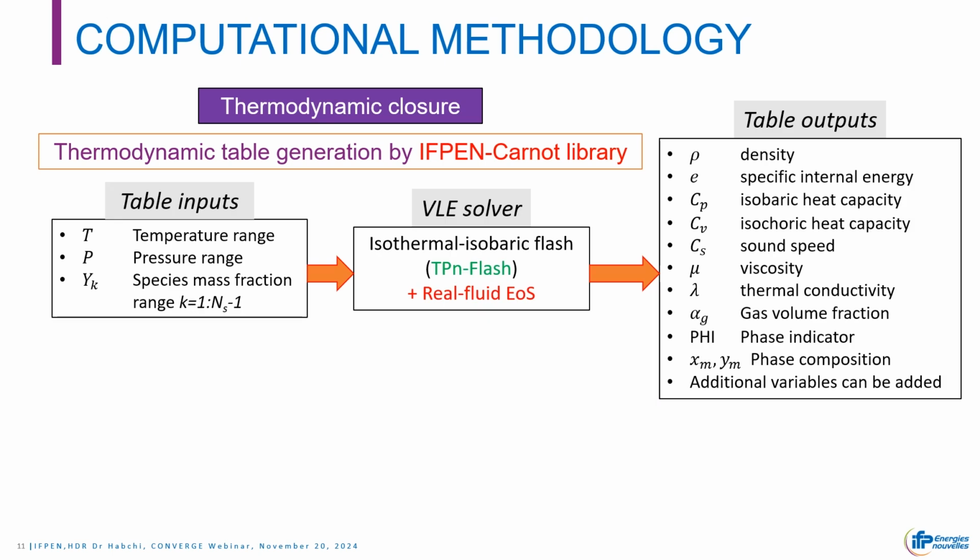So to be able to compute all the outputs that are listed in the right side, we need to give as inputs the temperature, the pressure, and the composition of the species.